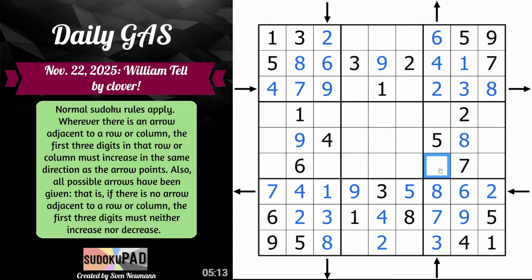Oh, well, 9 can't go here because once again, anything you place here would cause a decrease. So this must be 9, which means this is the lowest of the set, which means, well, I guess let's just finish this. This is where 1 has to go. I was thinking 1 couldn't go there, but just by Sudoku here, we are left with 3, 4, and 6.